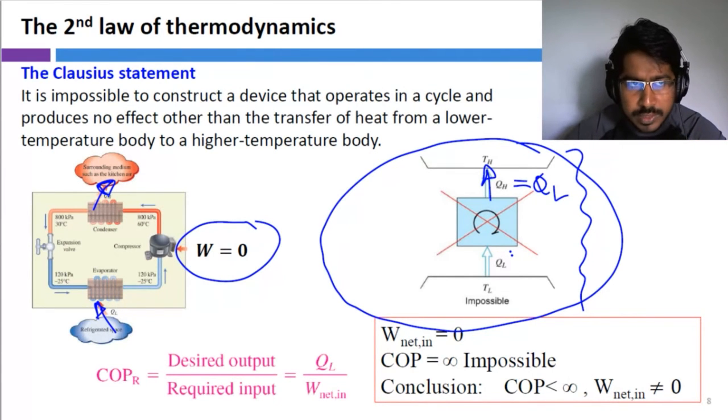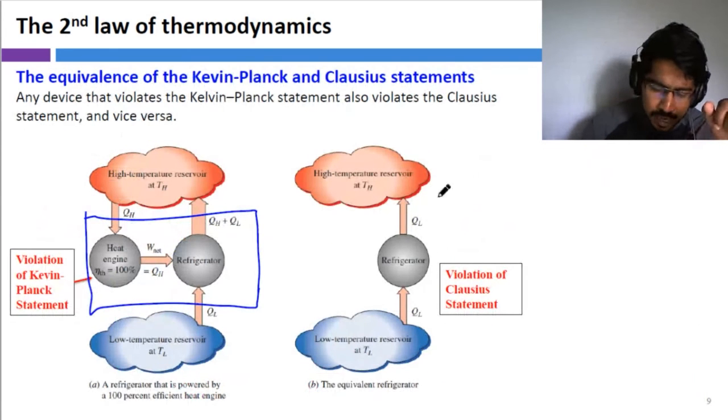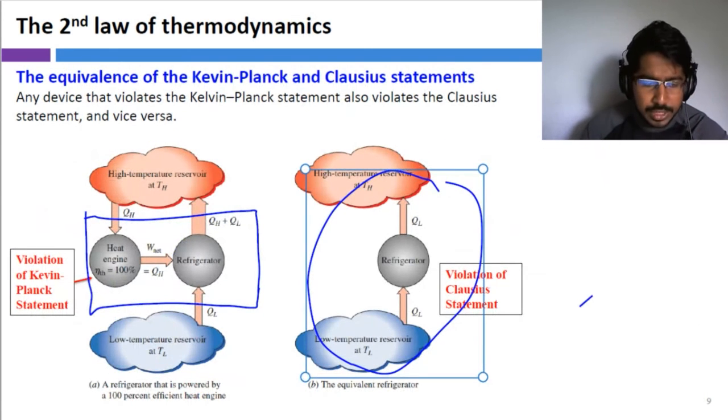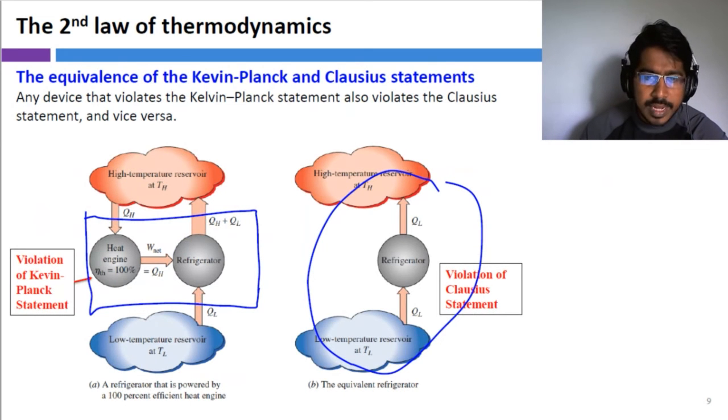What the Clausius statement says is you cannot have such a device that just absorbs heat and ejects the same amount of heat into a high temperature reservoir. You cannot have such a device, right? And if you have this device, that means this is a violation of the Clausius statement, right?